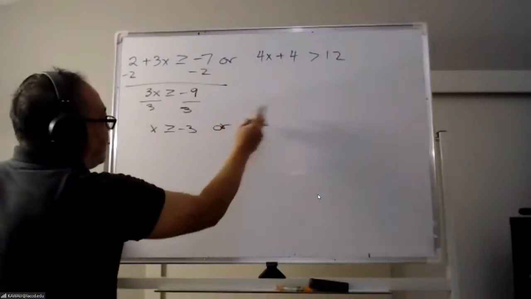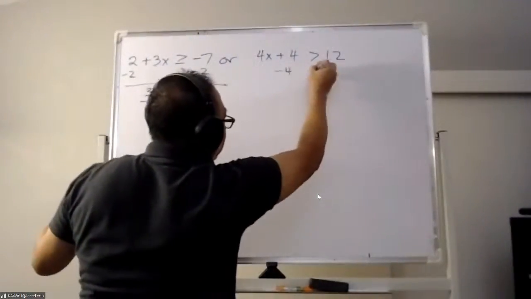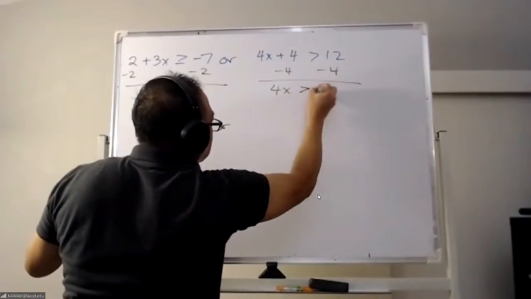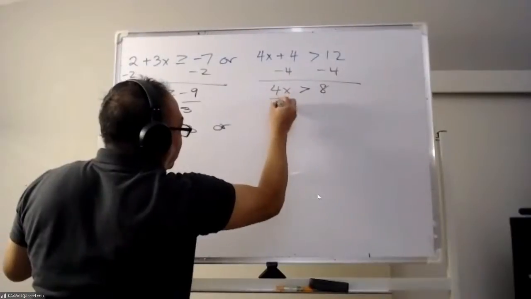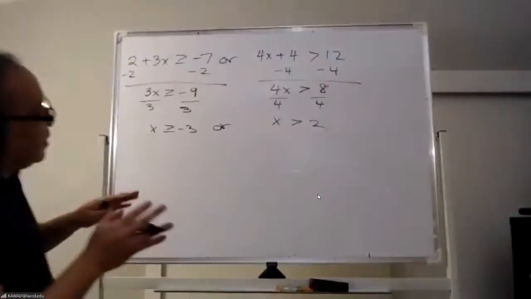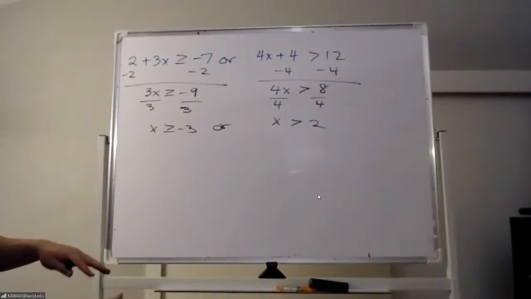Now I'm going to do the same thing on this side. So I'm going to subtract 4 from both sides, and then divide both by 4. Okay, now this looks like something we did today.